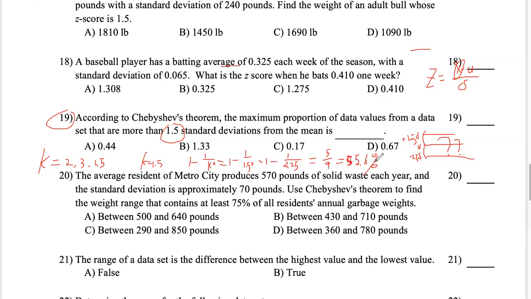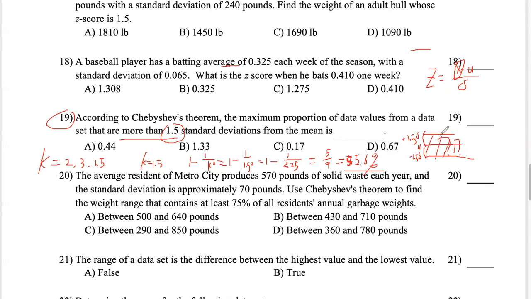I should be smarter and put an answer of 55 point something here, so that some people will say, oh, that will be the answer. No, this is not. Why? Be careful. Chebyshev theorem tells you it's within 1.5 standard deviations, in other words, this range. But if you pay attention to this question, they're asking more than.